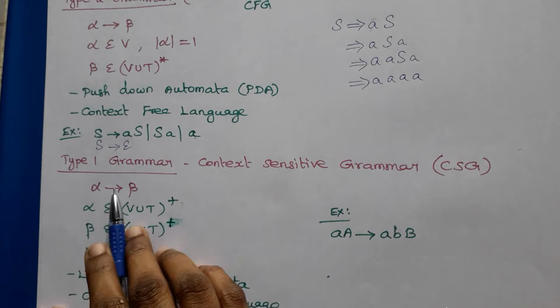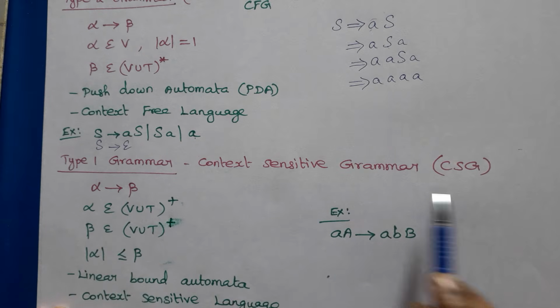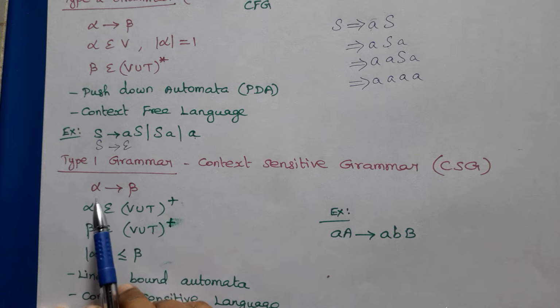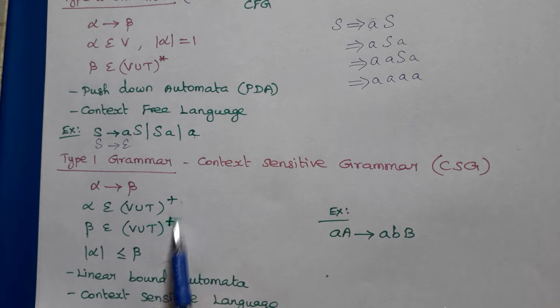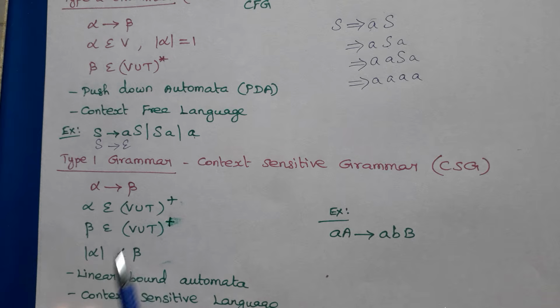Then type 1 grammar is otherwise called context sensitive grammar, CSG. Here also all the productions are in the form alpha tends to beta, where both alpha and beta are one or more variables, non-terminal variables or terminals. So epsilon production is not allowed here, because beta should be at least one variable or terminal symbol.